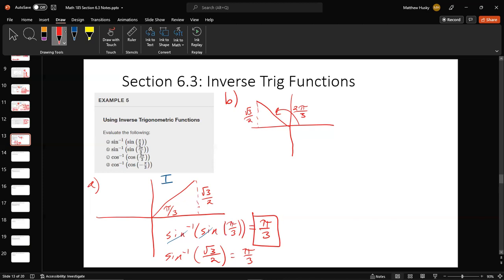So if you do sine inverse of sine 2 pi over 3, and like I said earlier, this is quadrant number 2. Sine of 2 pi over 3 is root 3 over 2.